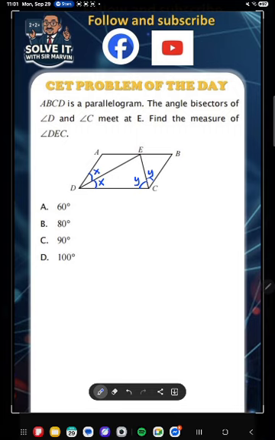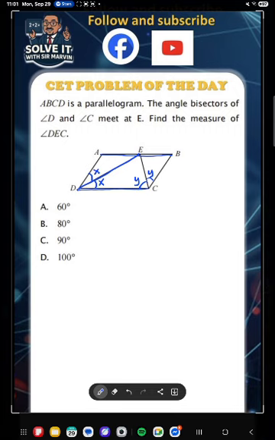Now take note that in the drawing, it's a parallelogram, and in a parallelogram, opposite sides are equal and parallel. So if these are parallel lines, this angle bisector here is acting as a transversal.